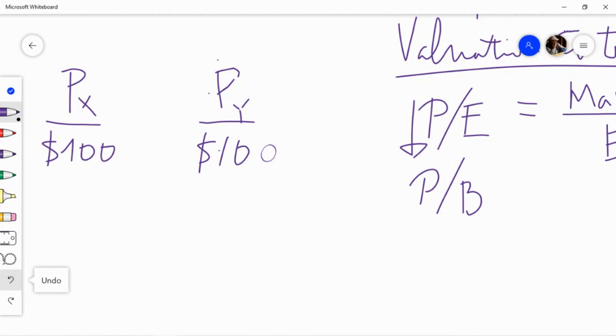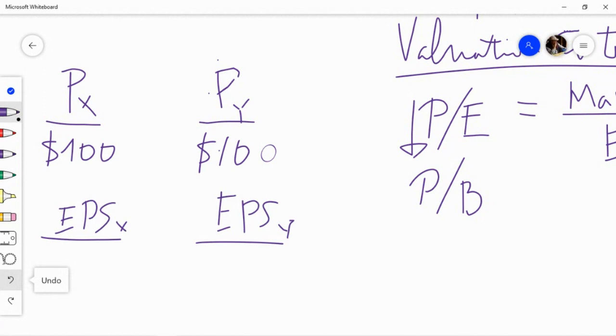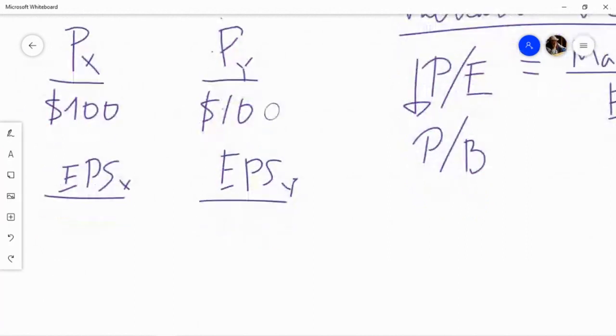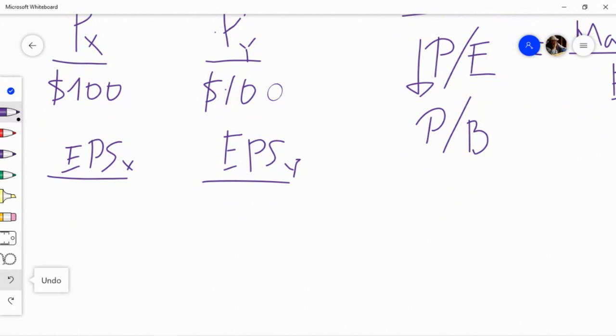And then earnings per share of stock X and earnings per share of stock Y. This is all logical reasoning. Earnings per share of stock X is $20. Earnings per share of stock Y is, let's say, $1.